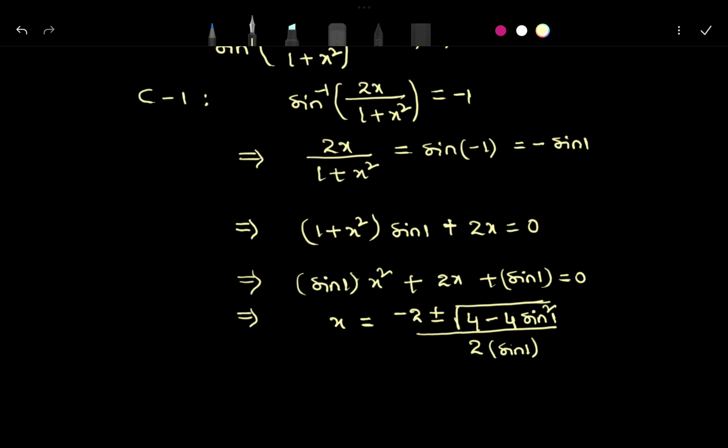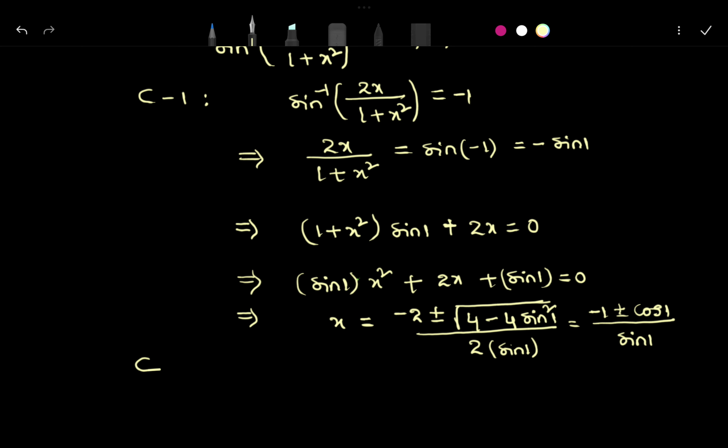By taking 4 common, it becomes minus 1 plus or minus cos 1 whole divided by sine 1. Now clearly, how many x values are there? 2 x values are there.